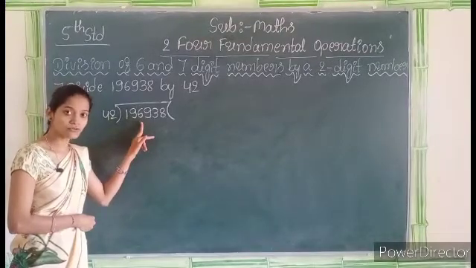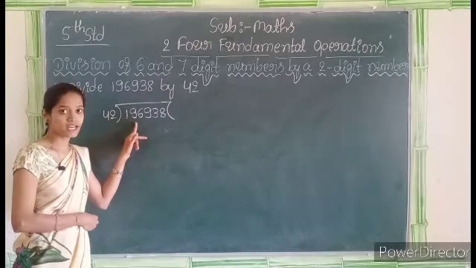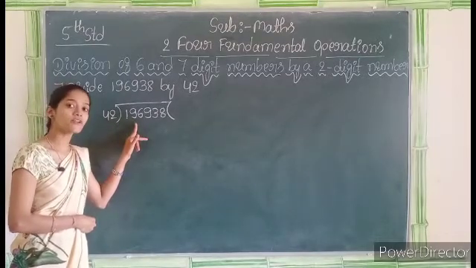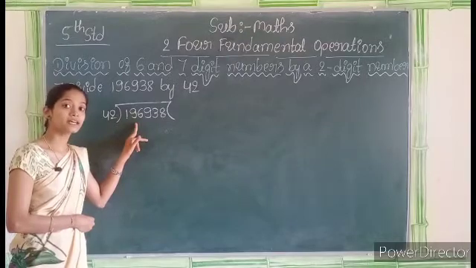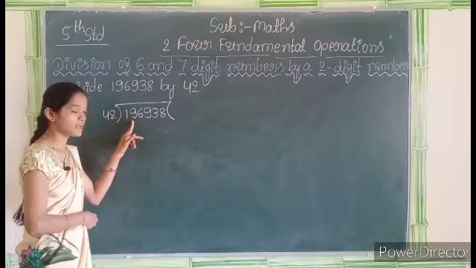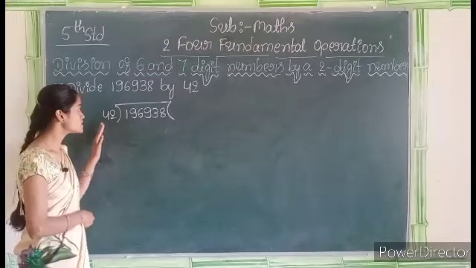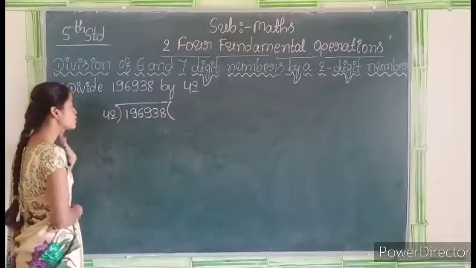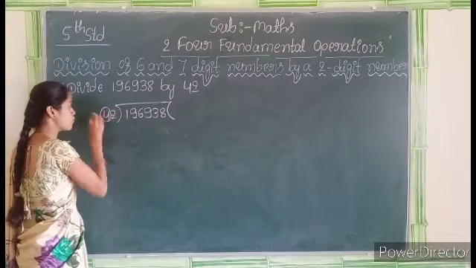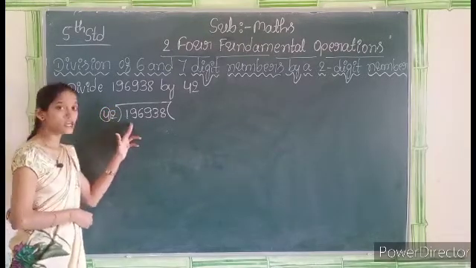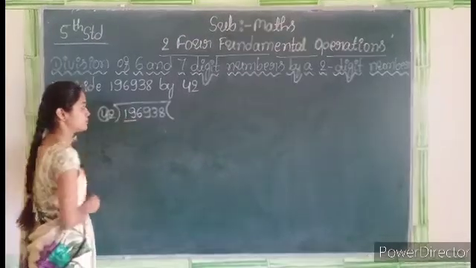196. Now we have to find out how many 42s are there in 196, or which number is less than or near to 196 in the table of 42. First we consider the first leftmost digit of the divisor, that is 4, and the two leftmost digits of the dividend, that is 19.